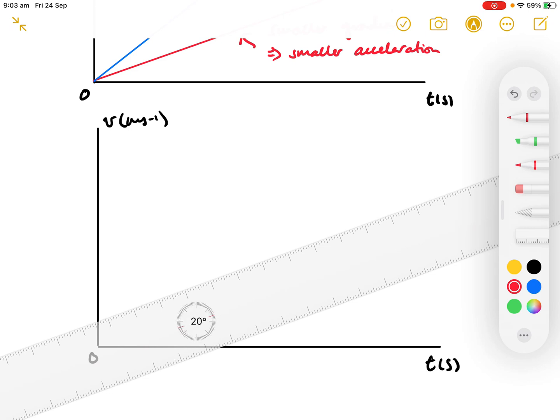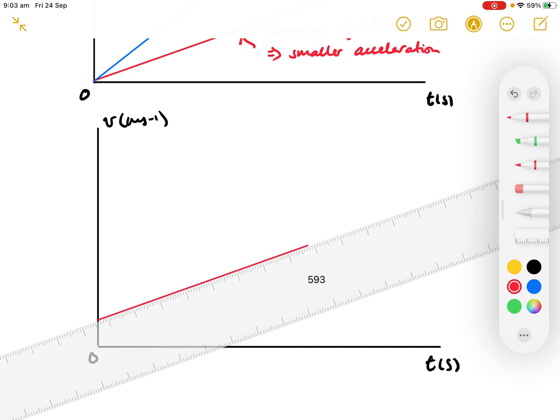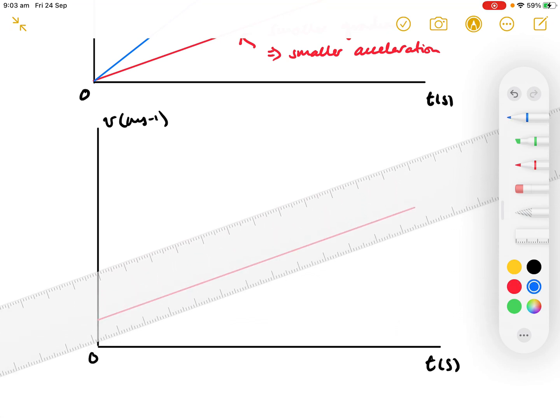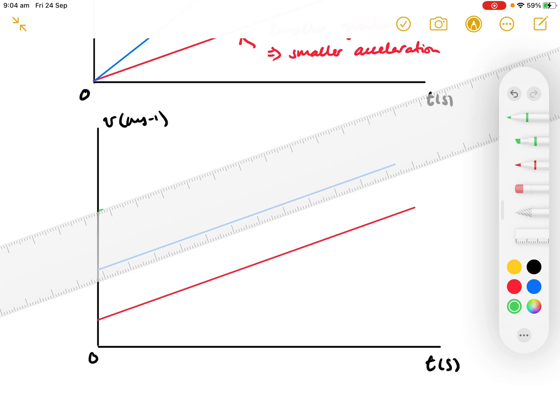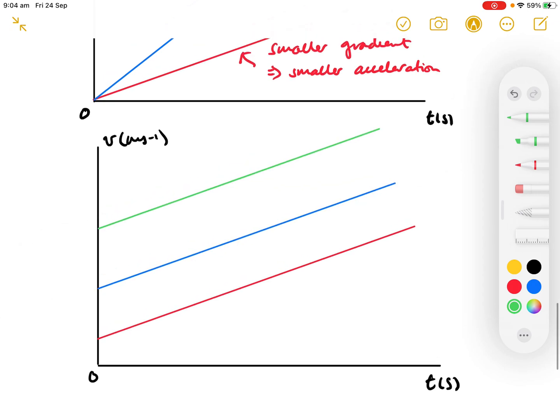I'm just going to set this ruler to 20 degrees. So say you had that acceleration starting at that particular initial velocity, and another body were to start at a higher velocity but increase its speed at that rate, and yet another one were to do that. Well, all three of those bodies begin at different initial velocities and they end up at different final velocities.